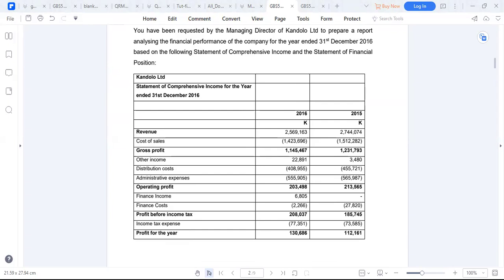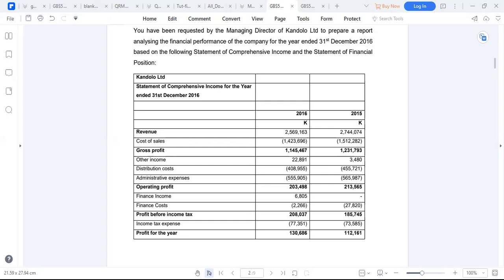Yes. So what do gearing ratios measure? So when talking about gearing ratios, these are also called leverage ratios. They actually measure the extent to which the company relies on debt relative to equity.